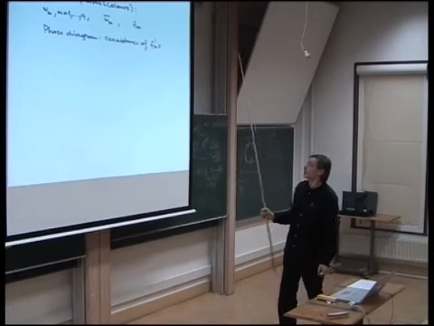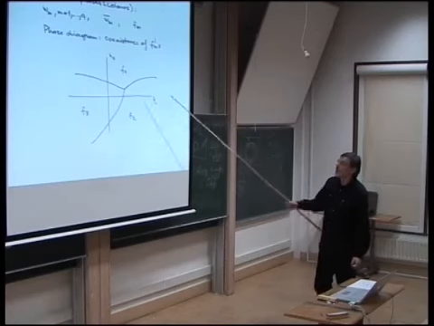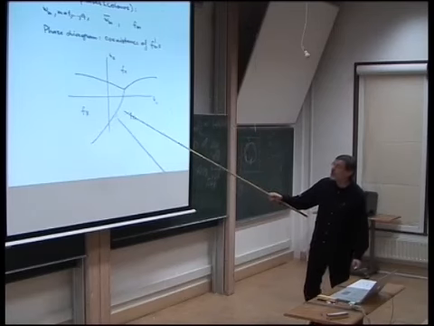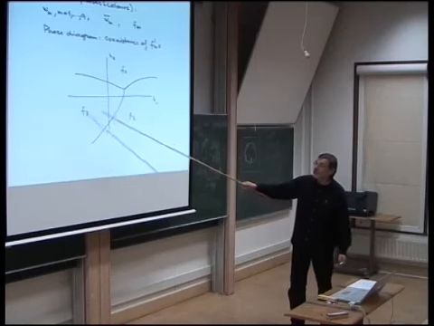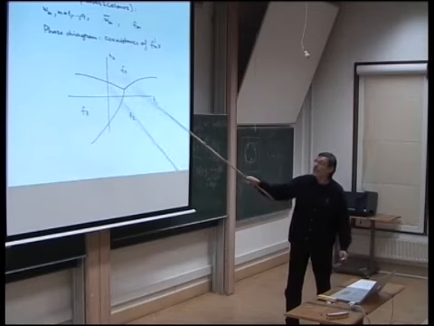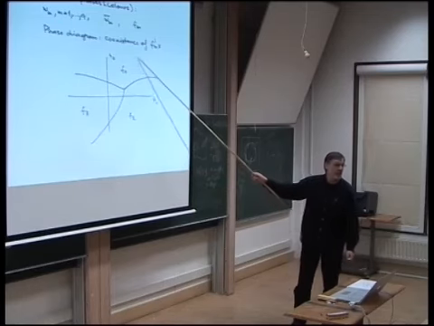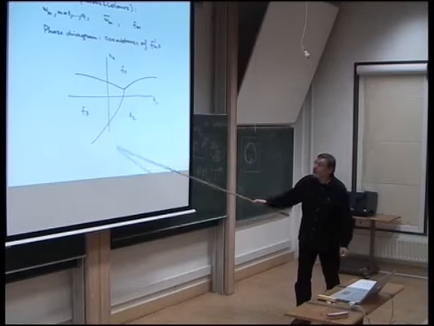I will simply draw the picture like that, where I look at the region in the external fields, and I have regions where F3 is the minimum, a region where F1 is the minimum, and a region where F2 is the minimum.